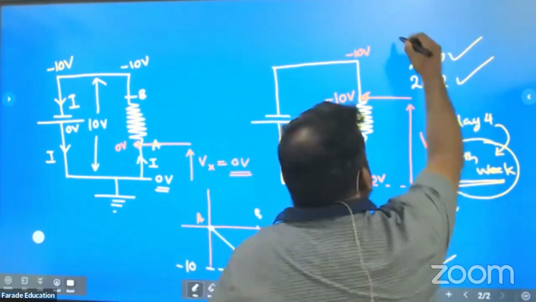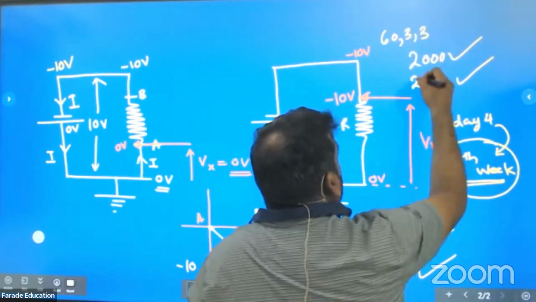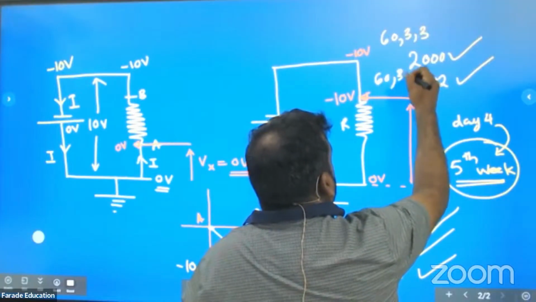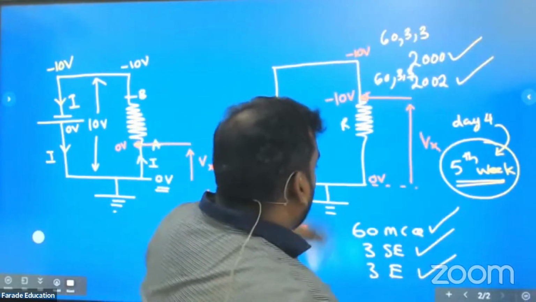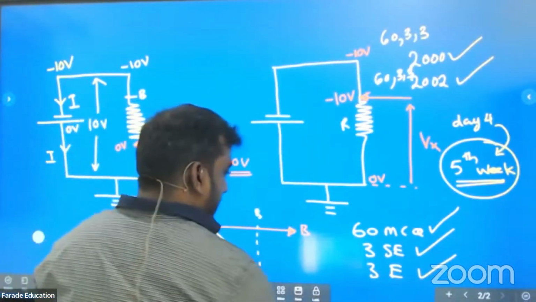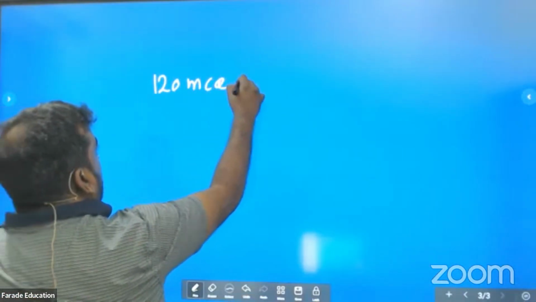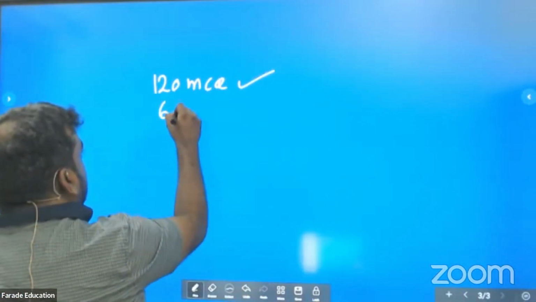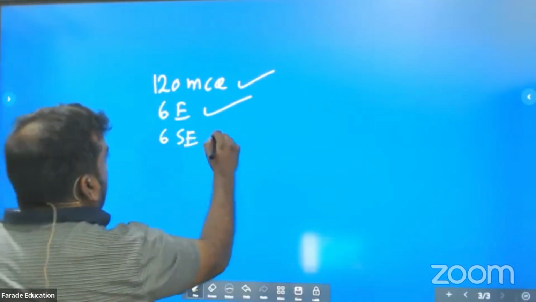Altogether, how many? 60 MCQs here, 3 structured, 3 essay. Here, 60 MCQs, 3 structured, 3 essay. Altogether, how much have we finished? 120 MCQs done in 2 weeks. 6 essays done, 6 structured essays done, in 2 weeks.